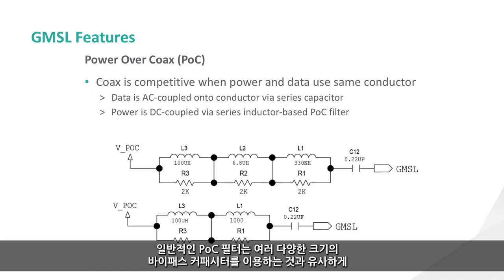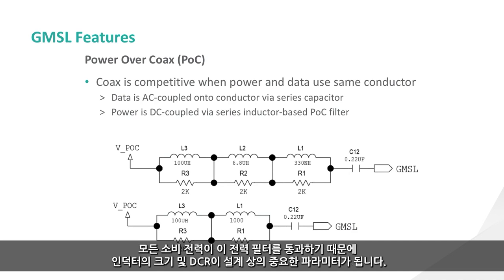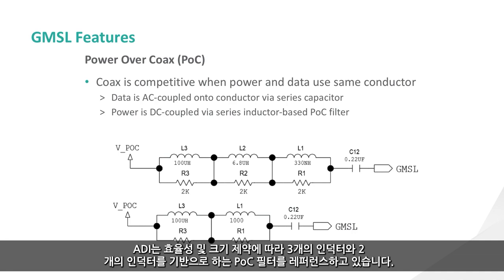Common power over coax, or POC, filters use inductor-resistor pairs to act as a low-pass filter across a wide frequency range, similar to using several bypass capacitors of different sizes. Since all consumed power passes through the power filter, the size and DCR of inductors becomes an important design parameter. Maxim has reference POC filters based on 3 inductors and 2 inductors, depending on efficiency and size constraints.